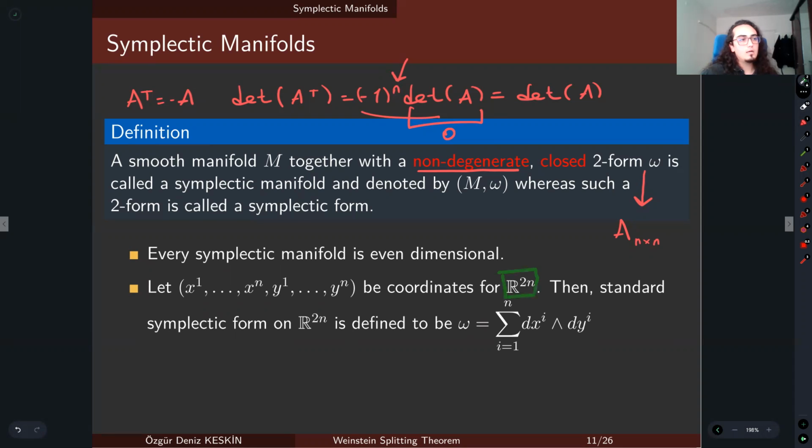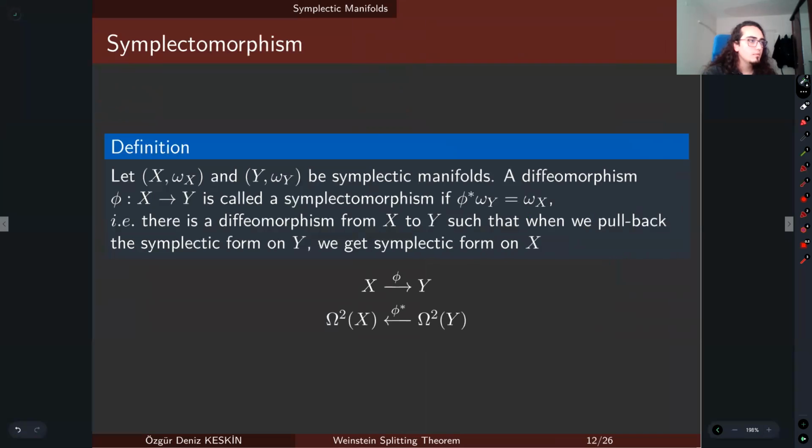For example, for R^2n, if we choose such coordinates, we can define a symplectic form like this. And this is called the standard symplectic form on R^2n. And we can define symplectomorphisms between symplectic manifolds.